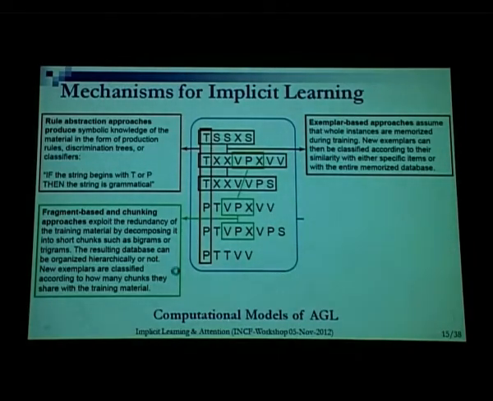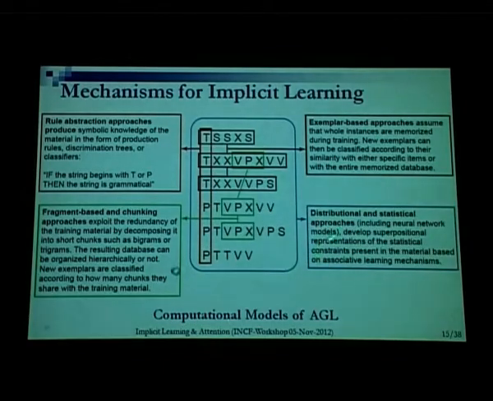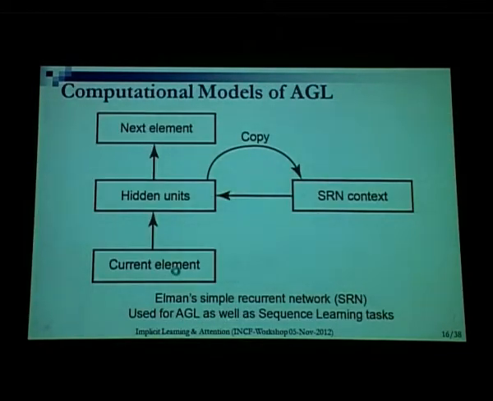The final one, the most powerful approach and a lot of work in this area, is distributional and statistical approaches, including neural network models. They develop some sort of a model of the underlying statistical constraints present in the sequence of letters, using associative learning mechanisms. One example is Elman's simple recurrent network.